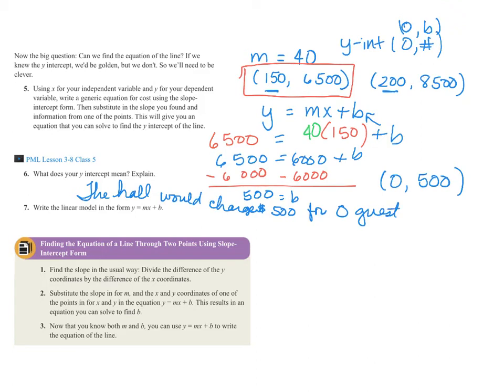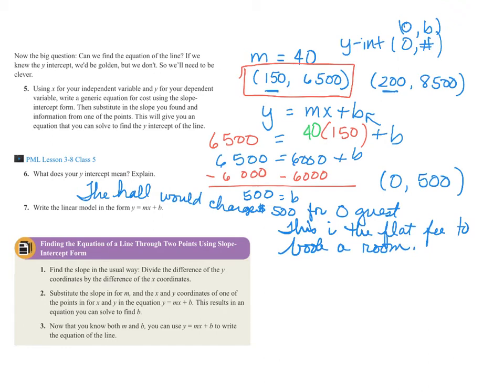If you're not inviting anybody, then clearly, why are you renting the hall? Well, I guess you could rent a hall and not have anybody come for $500. That would be possible. So that's like saying that is the flat fee to book the room. So this is the flat fee to book a room.